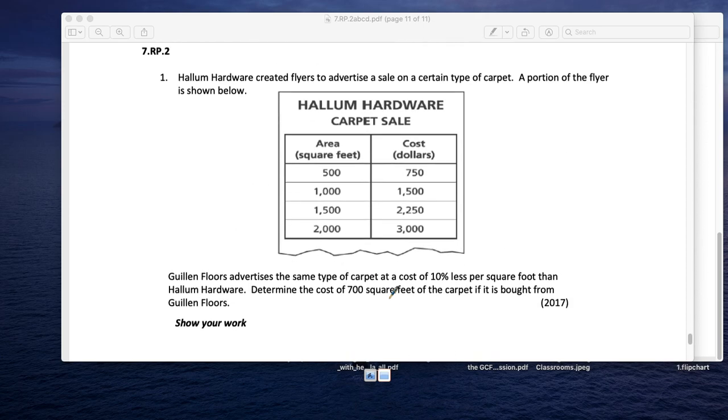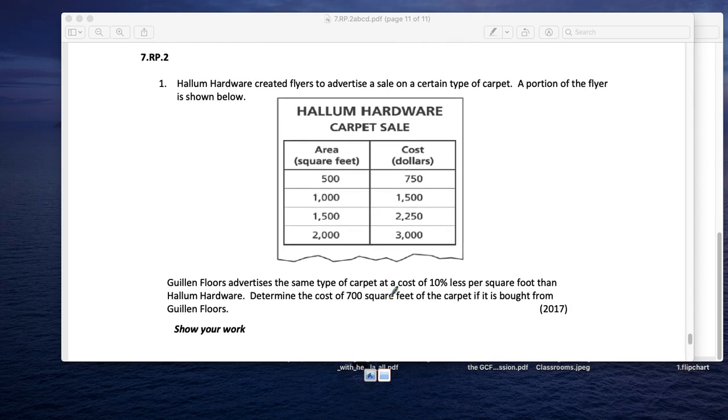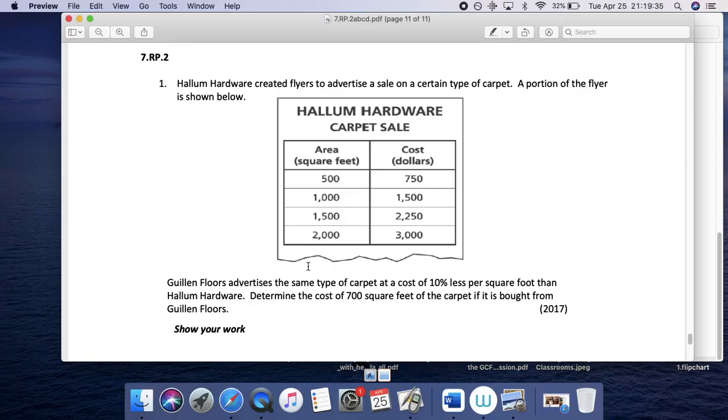And that's it? Okay. Ooh, I remember this question from years ago, 2017. All right, so there's a flyer for Harlem Hardware. Okay, and Girl and Floors advertise the same type of carpet at 10% less per square foot than Harlem Hardware. Determine the cost of 700 square feet of the carpet if it is bought from Girl and Floors.